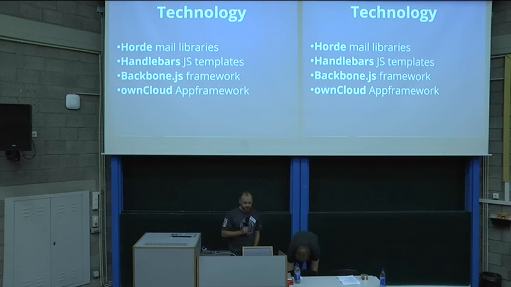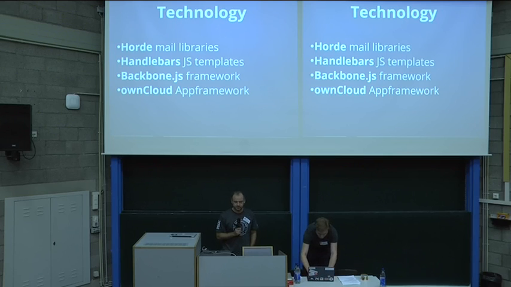We use mainly PHP libraries from the Horde project, like the IMAP library and the SMTP library, and libraries for encoding all this IMAP stuff which is used within emails these days. The whole app is a single page app, so there are no page reloads, which is standard these days somehow.